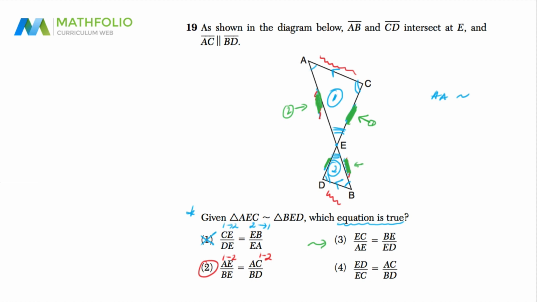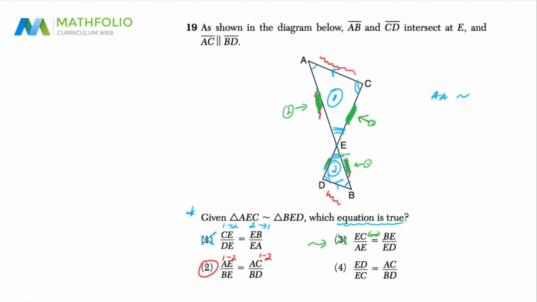So you see that BE is not actually a partner with EC, so it's not this one. The side has to be matching by the same number of arcs. These arcs are 3 here and 3 there, so really BE matches with AE, and so that's why it's not number 3.